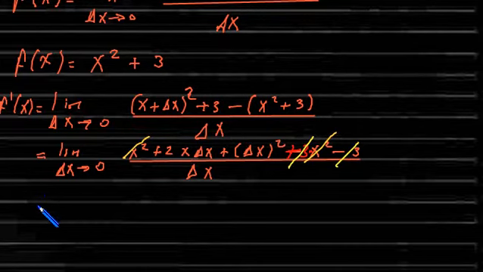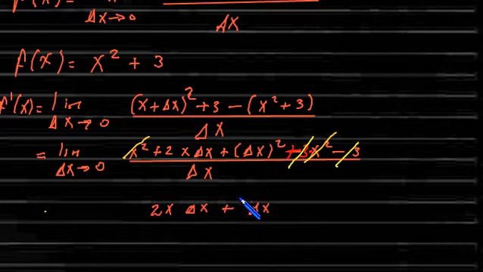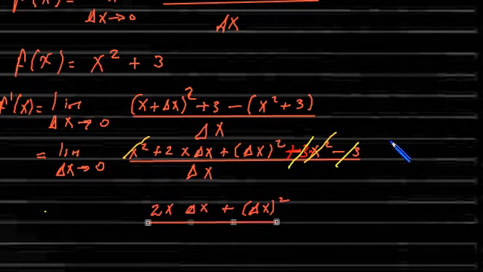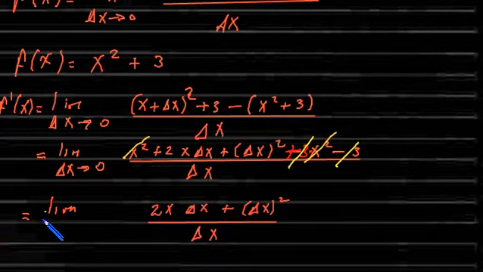So I am left with 2x delta x plus delta x squared, and of course I am dividing this by delta x, and I'm taking the limit of this as delta x approaches 0.